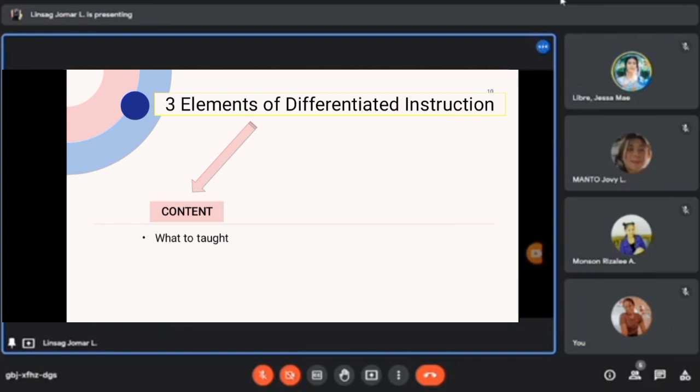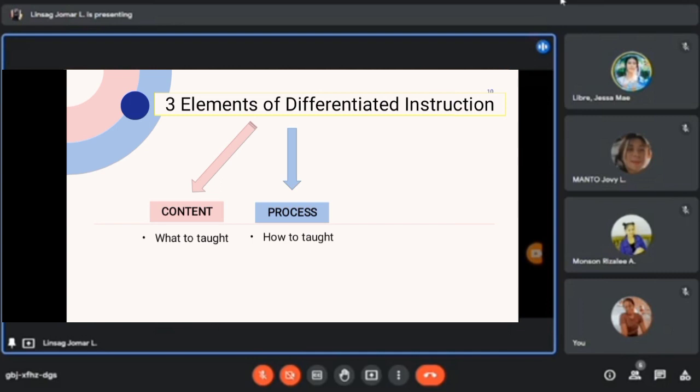It reflects the prescribed standards, state or national, and presents essential facts and skills. In differentiating content, the teacher needs to provide students with choices in order to add depth to learning, providing students with additional resources that match their levels of understanding. Next is the process.